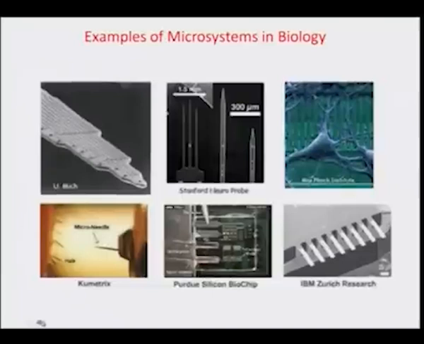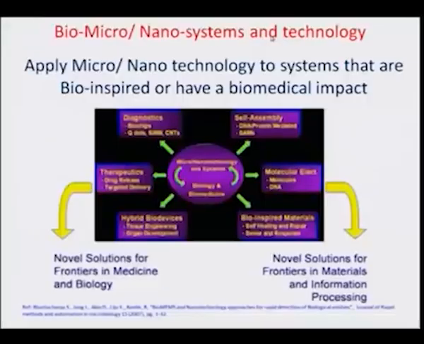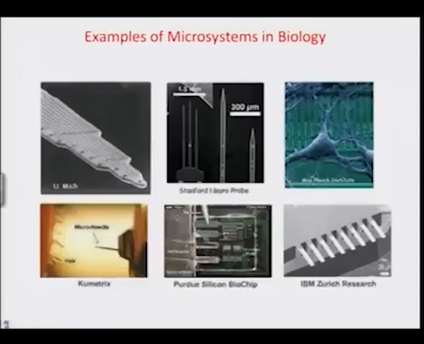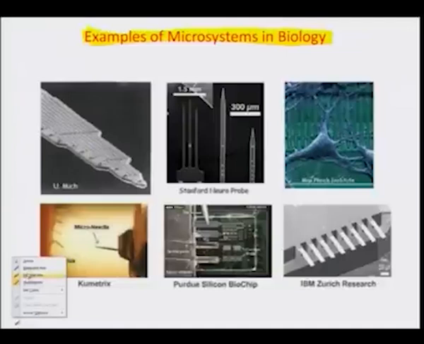And here I have for you about 6 different illustrations of how microsystems can be really used in biology. And as you can see here, the first example, which is very widely referred to and read, is basically this set of microelectrodes which were developed at the University of Michigan by Dr. Wise's team actually.